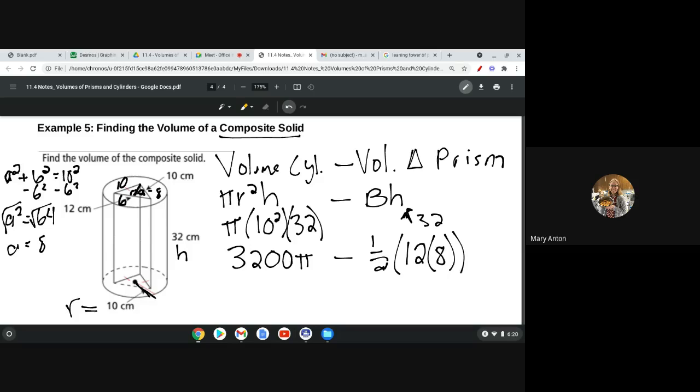Whew, all right. So that's the area of the base, this whole thing. So I'll highlight this. This B, this base, is this whole thing. Area of that triangle, that top triangle. All right, times the height of the triangular prism, which is 32. All right, y'all, and I'm going to help you out here. 1/2 times 12 times 8 times 32 is 1536.